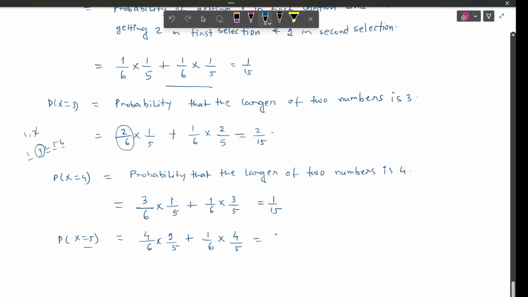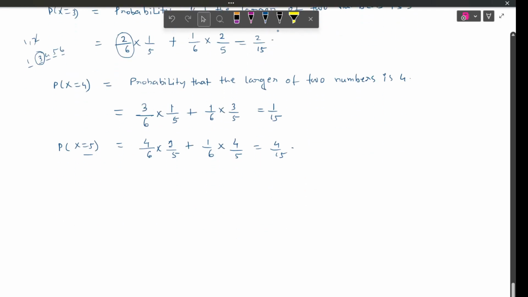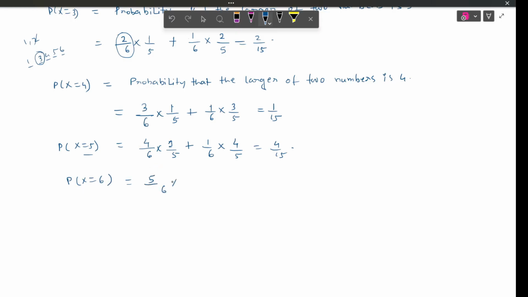So if you calculate, you will get 4 by 15. In a similar manner, probability of x equals 6. So 5 upon 6, 1 upon 5, and 1 upon 6, 5 upon 5. This would be 1 by 3.